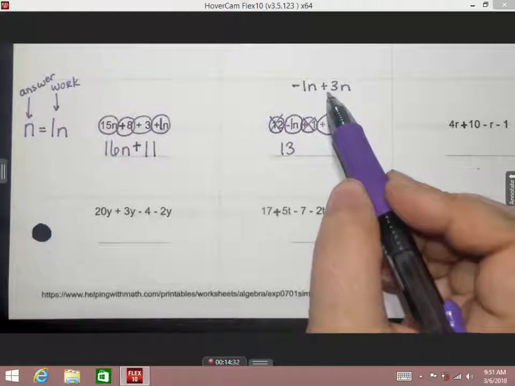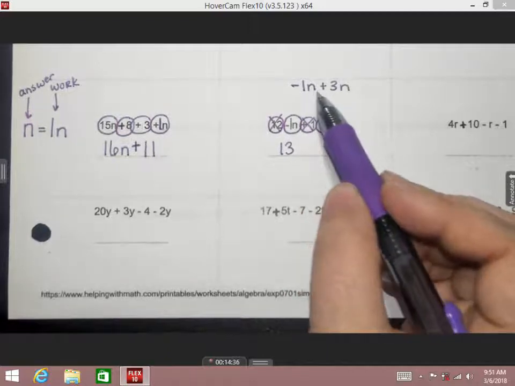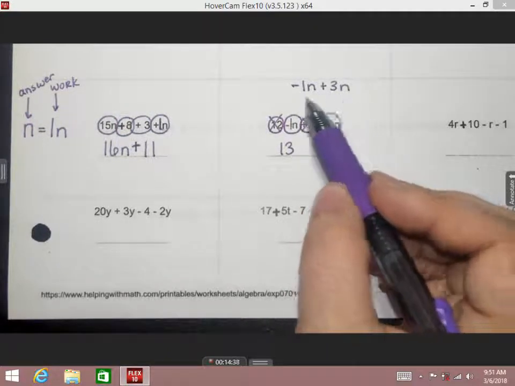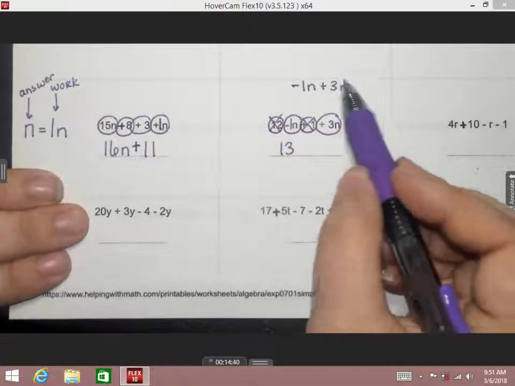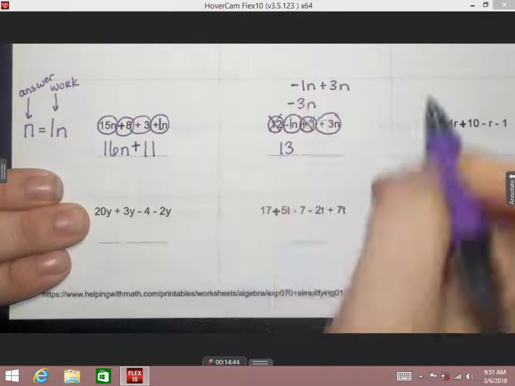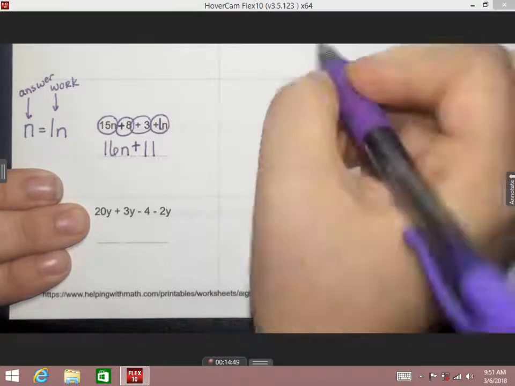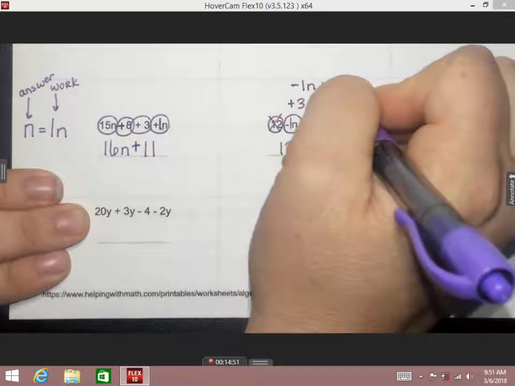But here's the cool thing, guys. As long as I keep these signs with the appropriate term, I can switch them around. Which means my plus 3n, I can put in the front. And my minus or negative 1n, I can move to the back.